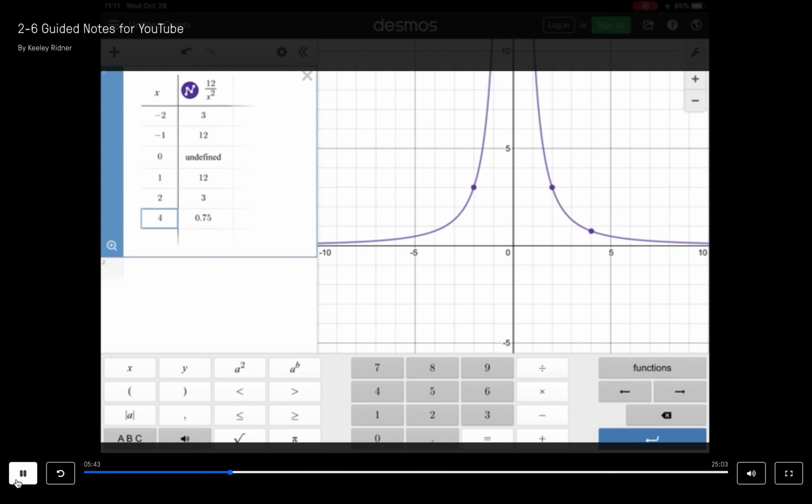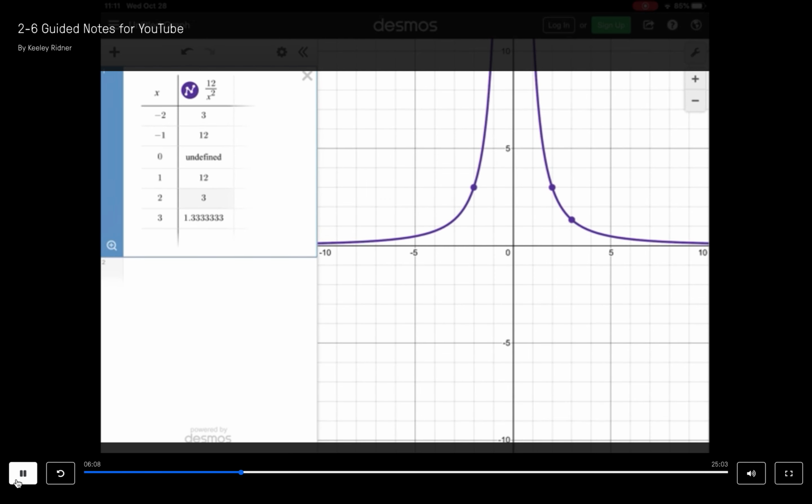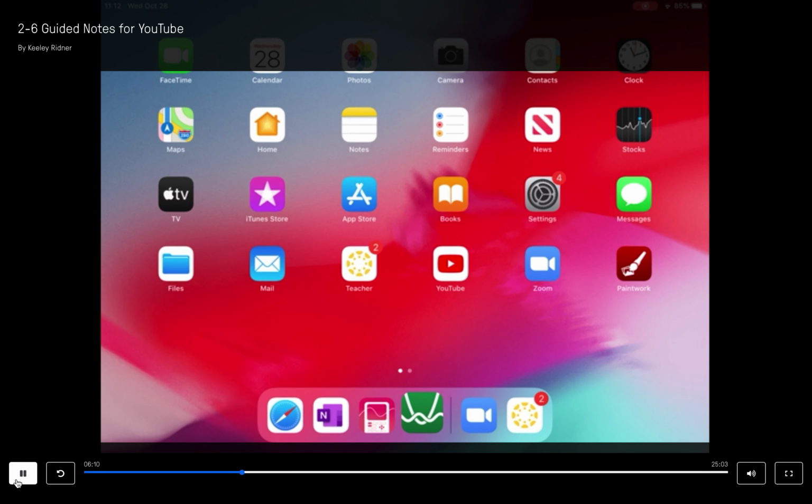Okay, I have less than 1 in the y value. Notice it's 0.75. I just want to make sure that I can't go lower than that. So once it's less than 1, no more. Then of those previous numbers, that's a decimal. Don't like that. 2, however, does not give me a decimal. It gives me 3. So 2, 3 on my table.